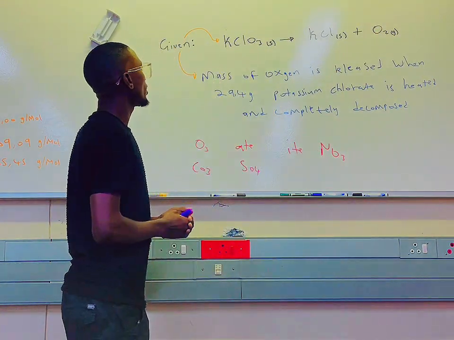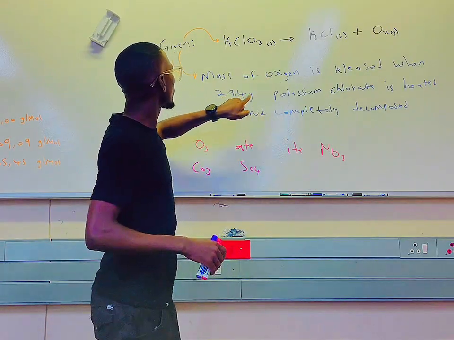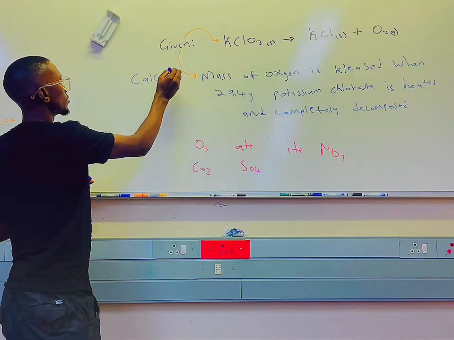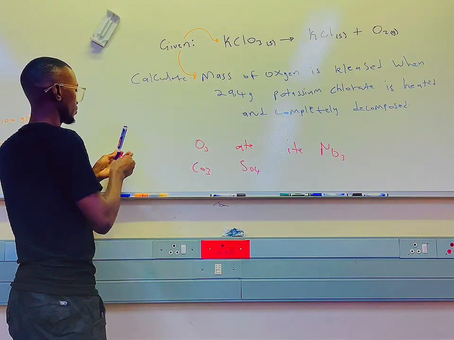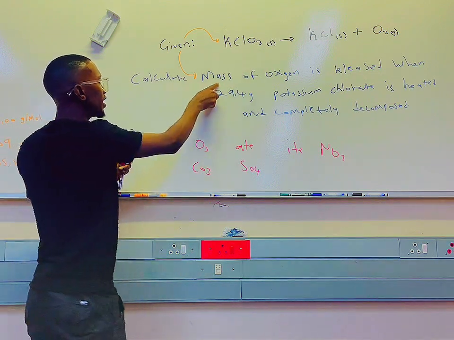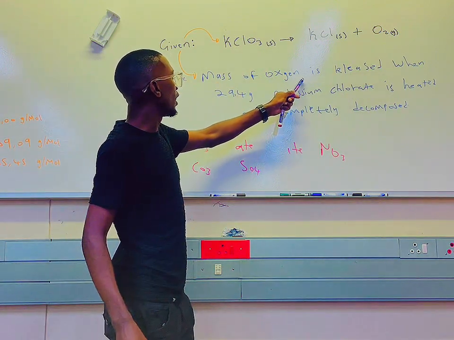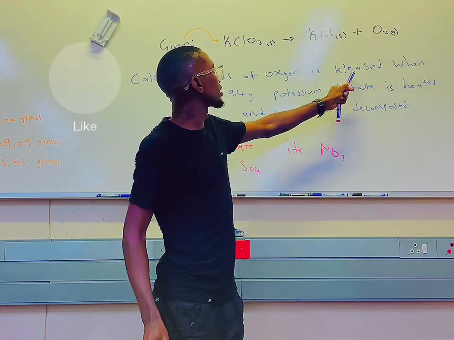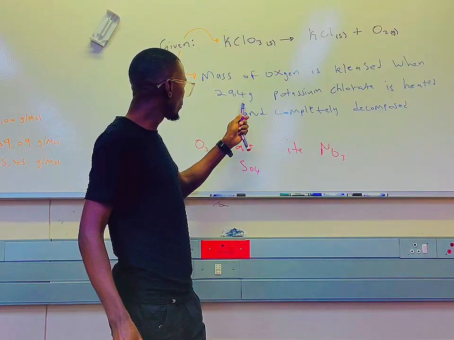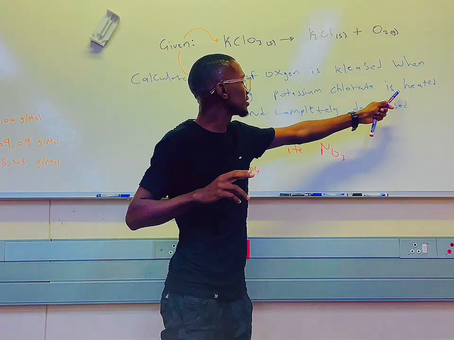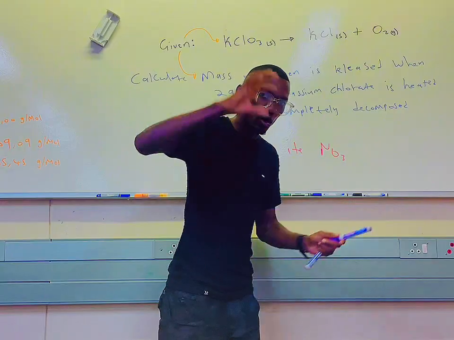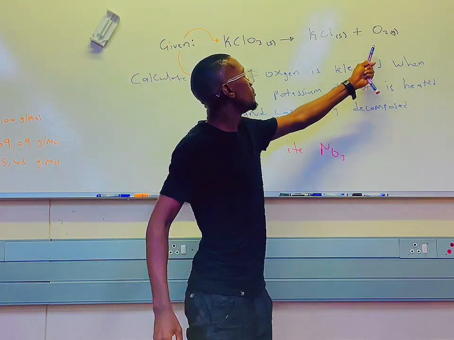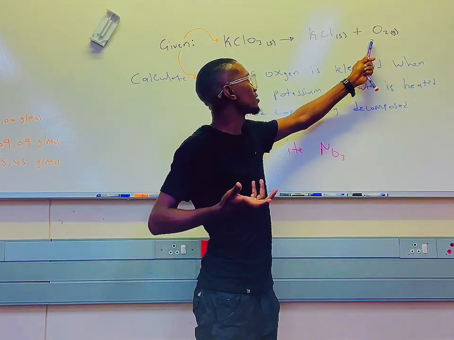Now we need to calculate the mass of oxygen released when 29.4 grams of potassium chlorate is heated and completely decomposed. The question is asking us to find the what? The mass. We need to find the mass of oxygen.